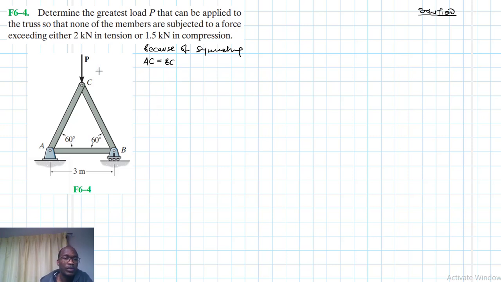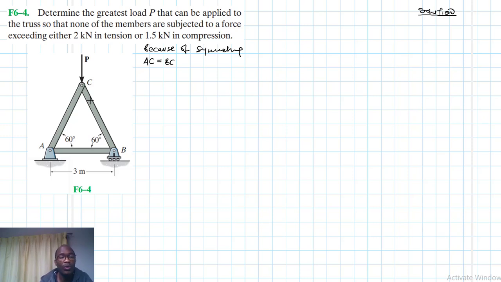All right. But then what we're being asked this time around is to find the greatest load P that can be applied to the truss. But there are conditions. So when we calculate this greatest load P, we must note the P must ensure that it does not exceed a tension of 2 kilonewtons, or that greatest load P must ensure that it does not exceed 1.5 kilonewtons in compression.